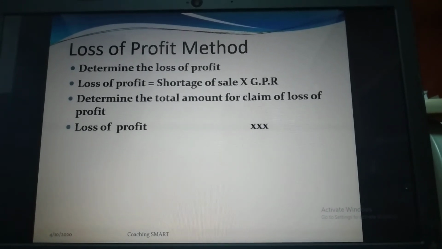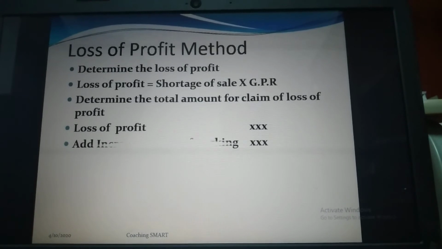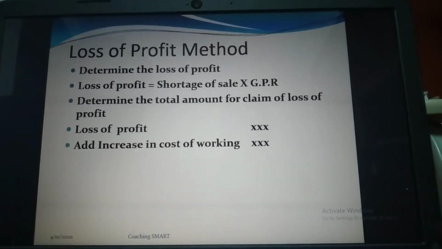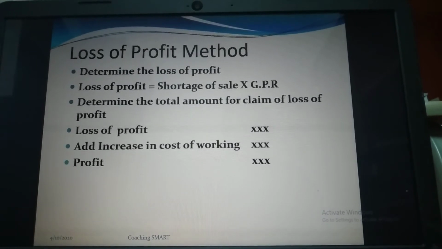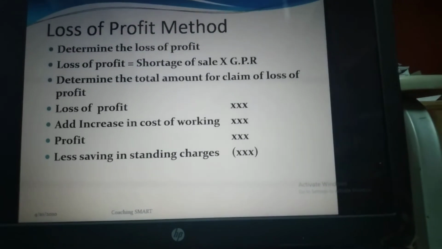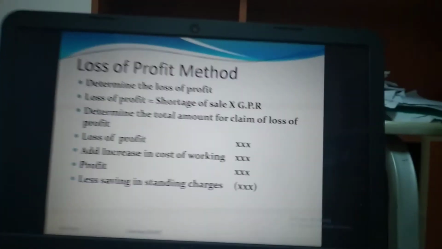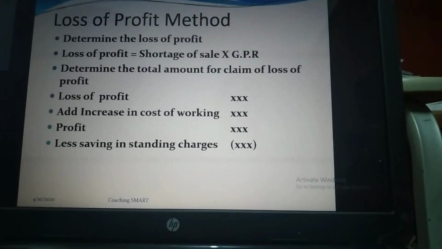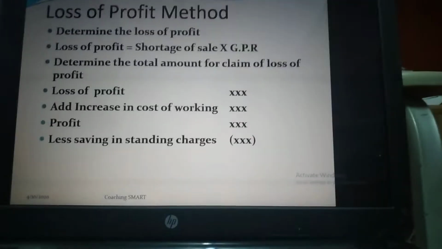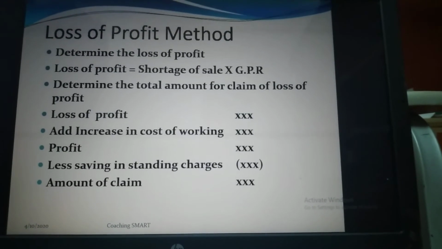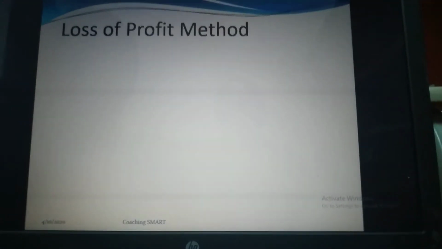You say loss of profit, add increase in the cost of working capital, you get profit, less savings, including in standing charges, amount of claim which the insurance company will pay to the insured.